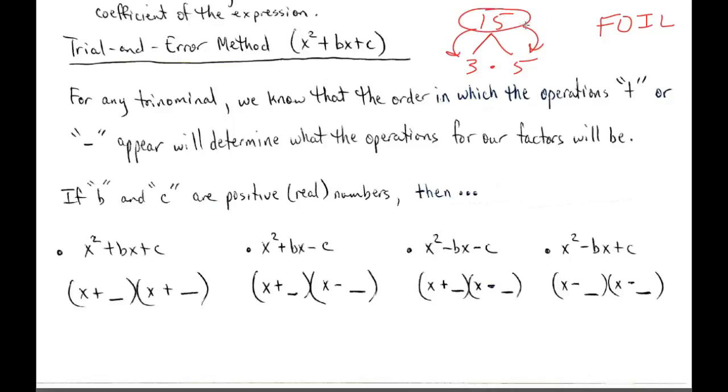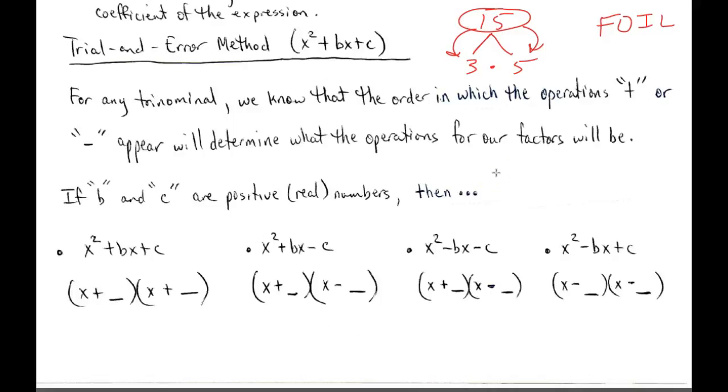So when we do factoring, we're actually doing the FOIL method in reverse, okay? And FOIL just means we're multiplying the first terms together, outer terms, inner terms, and last terms, in case you have forgotten.